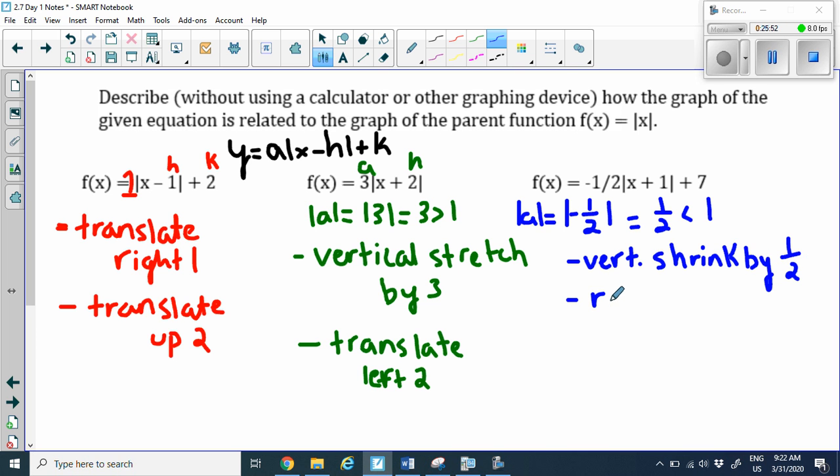I have a reflection because I do have a negative in front of my a value. I have an h value, and notice it's +1, so that means I translate left 1.